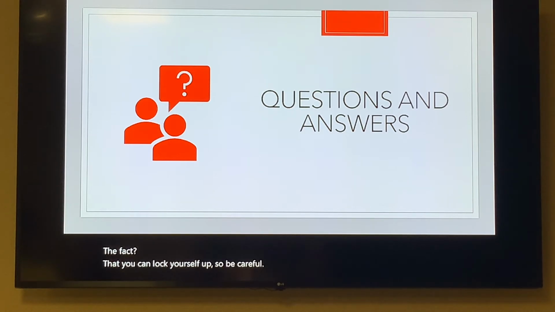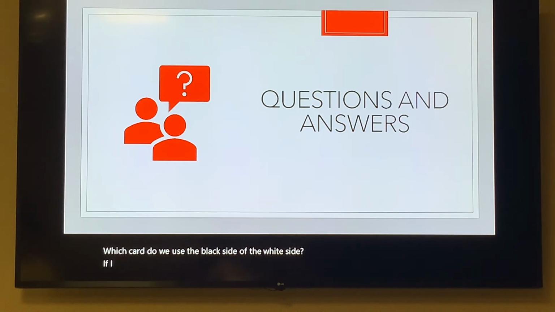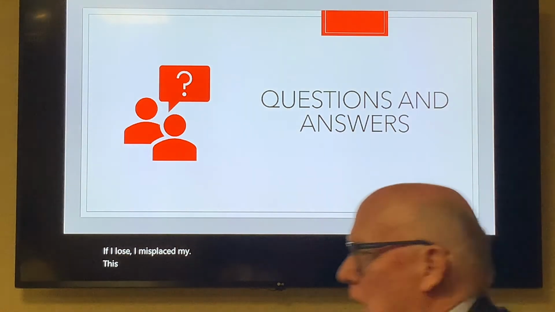Thanks. Which part do we use, the black side or the white side? It makes no difference. If I've misplaced my fob, is there any way it can be traced to where it is? No, I don't think so. It's not Wi-Fi.